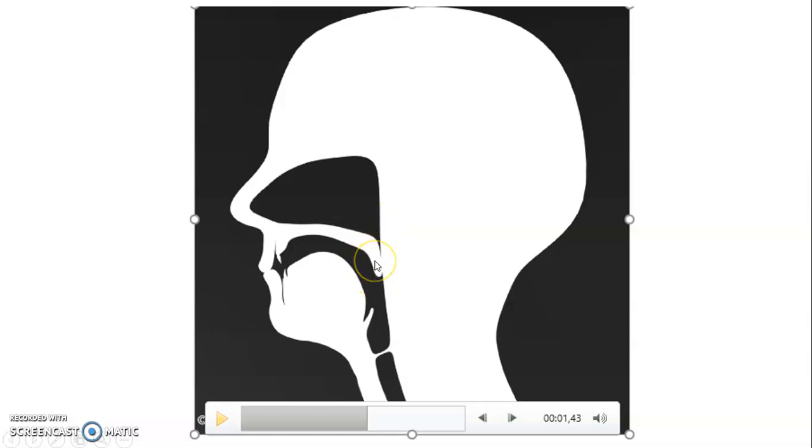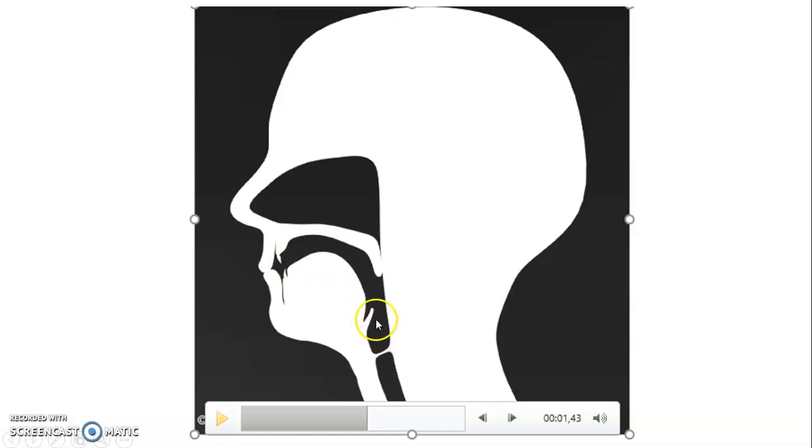It's been raised. If it had been lowered, it would be down here. Why? Unconsciously, when you produce the sound p, there is complete closure at the lips, so the air resonates in the mouth, and then when you open your lips, the air goes out with explosion.